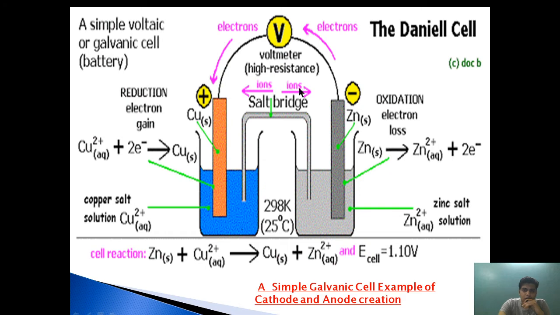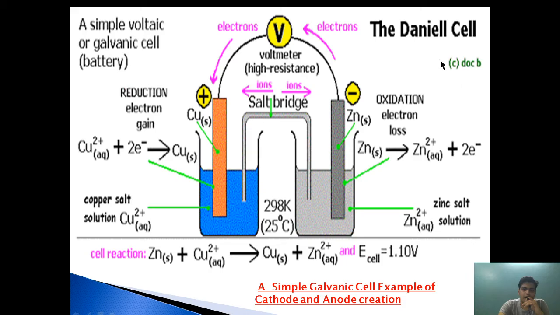Now, as you can see here, this is a simple galvanic cell having one copper and one zinc rod, which has been connected through a voltmeter. Now what happened, copper will undergo reduction and zinc will undergo oxidation.